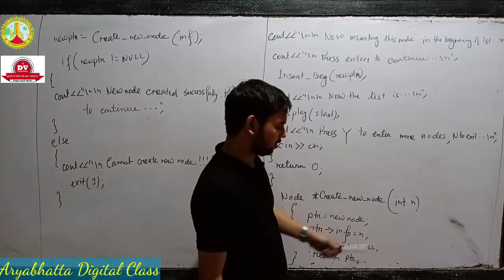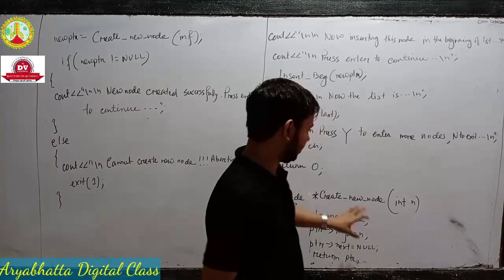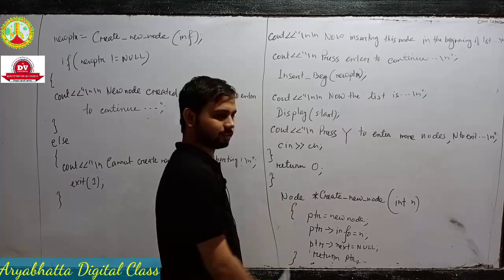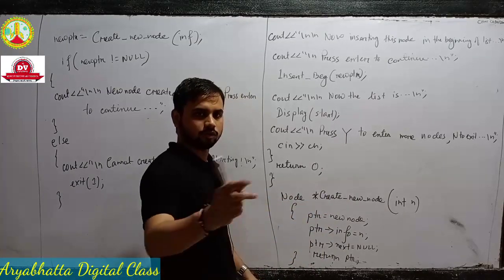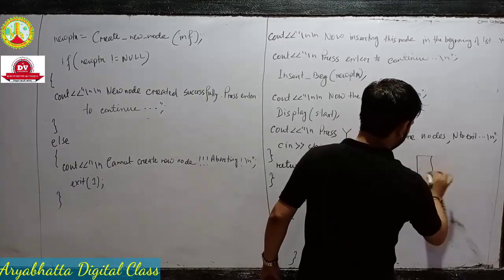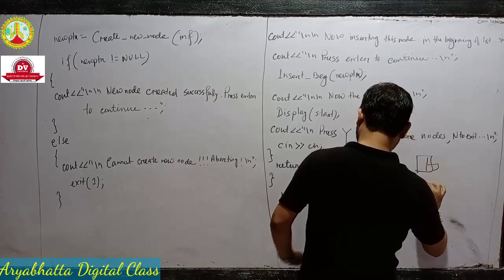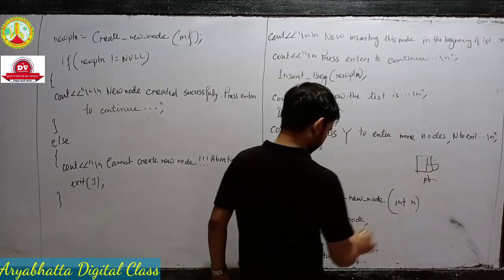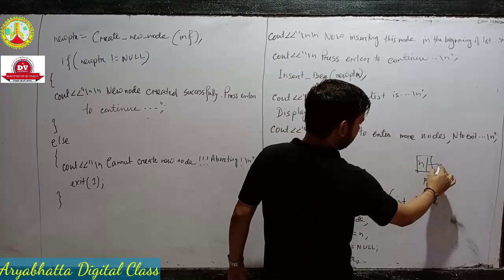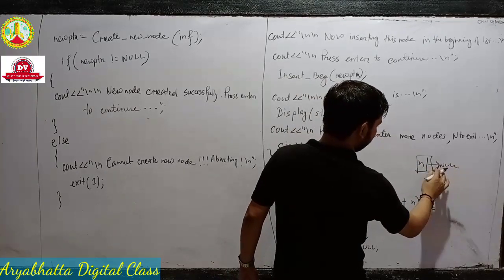So the ptr, the new node, its info will be this information n. Next will be null. Why null? Because up to now we have not added this node in the list. This is independent. I have told you in the algorithm this is an independent node. That's why it is under ptr. This info will be n and it will contain null. Why null?